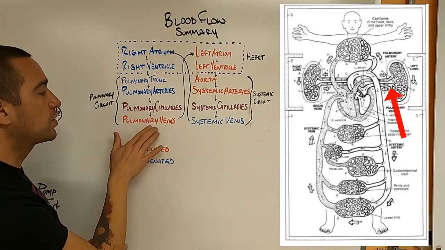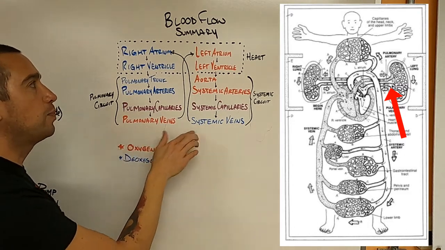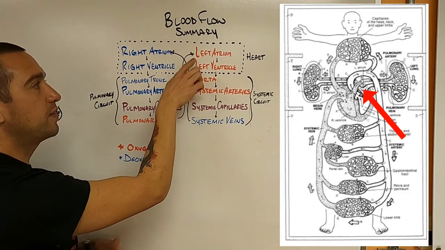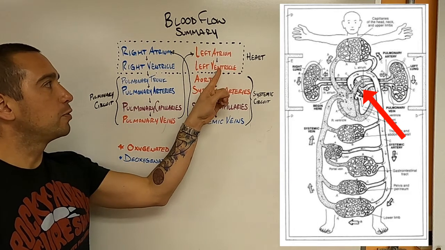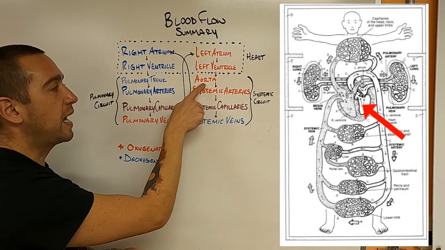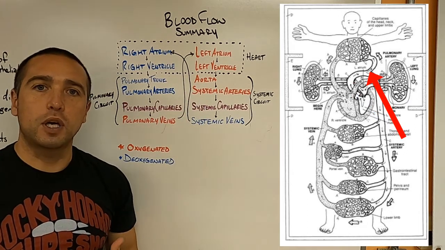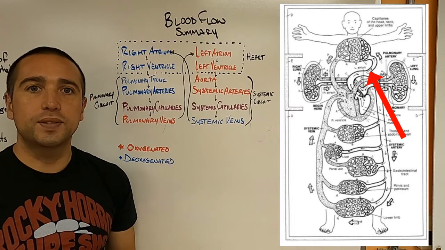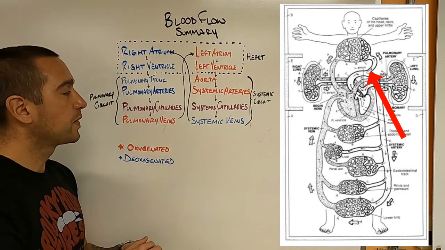Once picking up oxygen, the blood would take the pulmonary veins to go back to the heart, specifically the left atrium. From the left atrium, the blood would move down to the left ventricle, where it would be pumped out of the heart through the aorta, and it would branch to go to the head, to the arms, torso, legs, in systemic arteries.